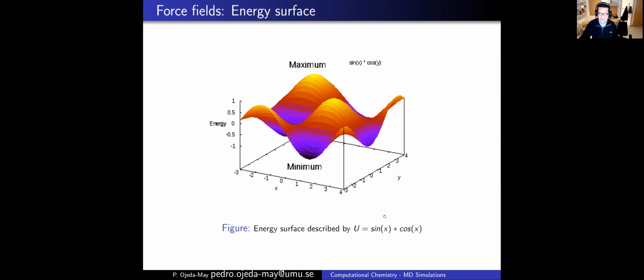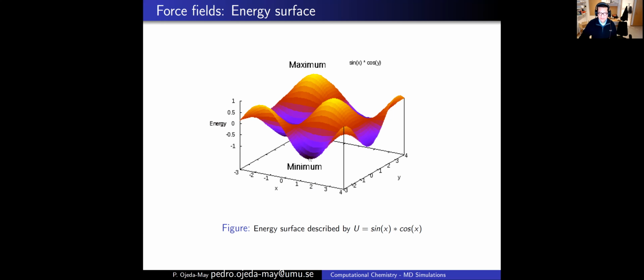We expect that it should have more minima and more maxima. And imagine that you start here as a walker, or your atoms start here, and they want to go to a different minimum here. Then they need to overcome this energy barrier.